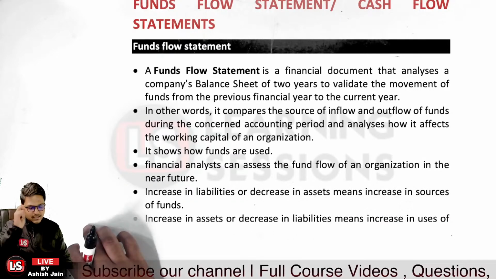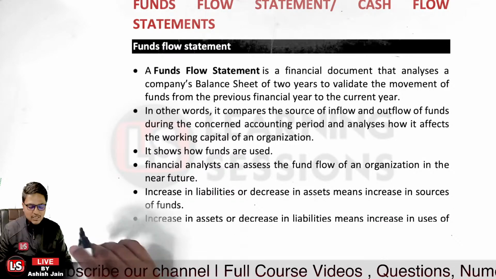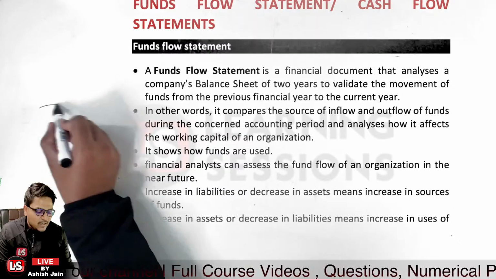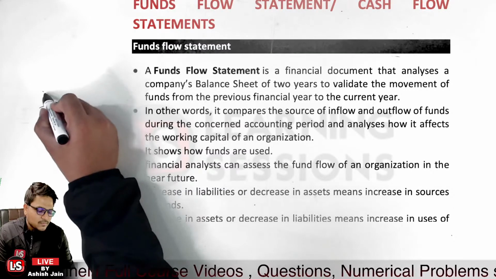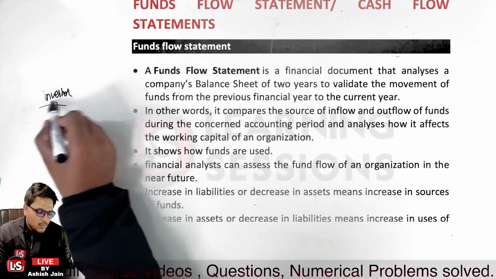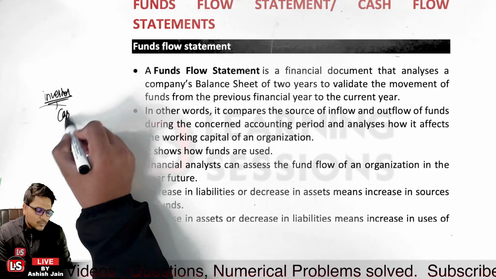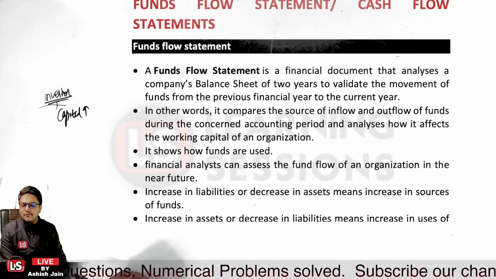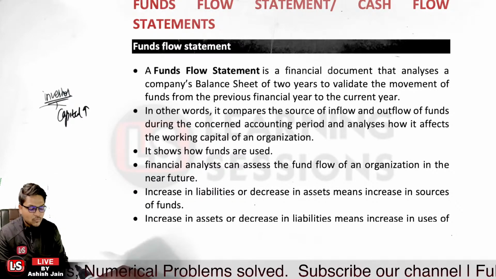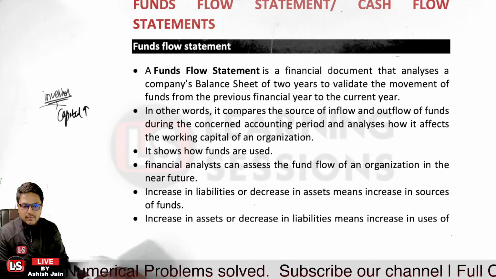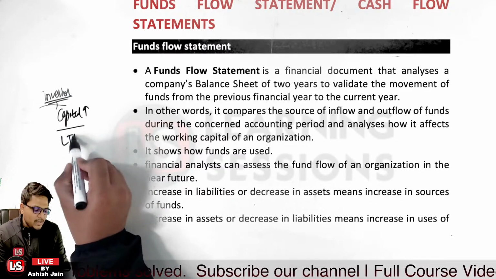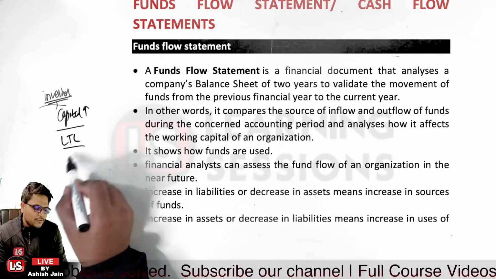What does it indicate? If new capital was infused by the investor or the promoter, the capital will increase. I already told you the different components of the balance sheet: the capital, the long-term liabilities, and the short-term or current liabilities.